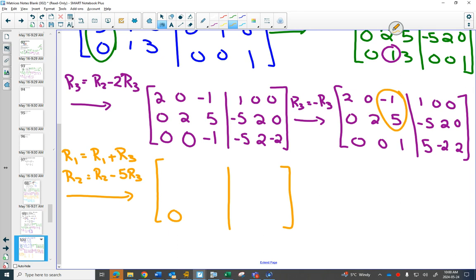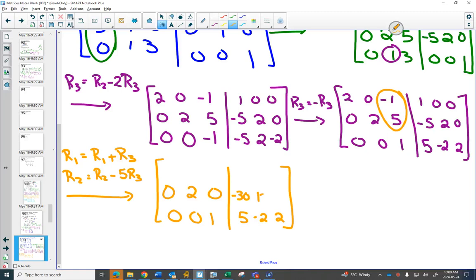So row 3 hasn't changed. Row 2 is now going to be 0, 2, 0. Row 2 minus 5 row 3s, that will become negative 30.